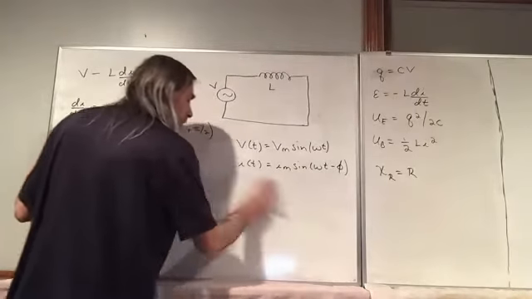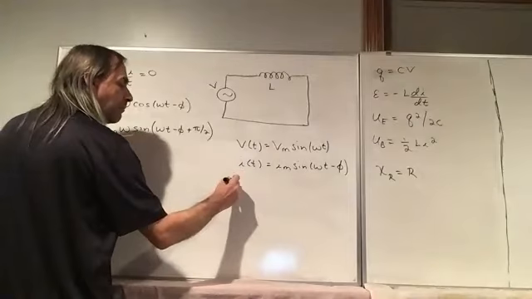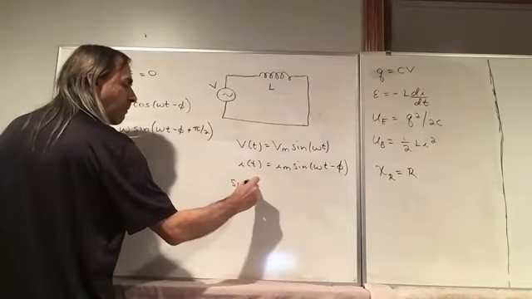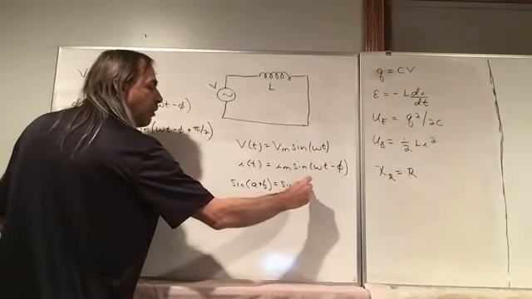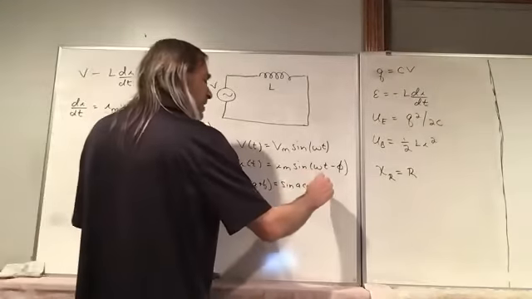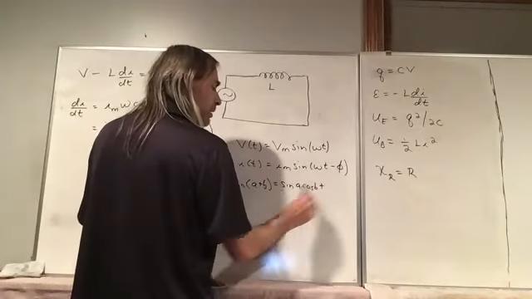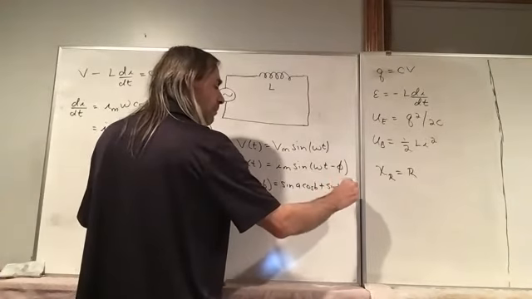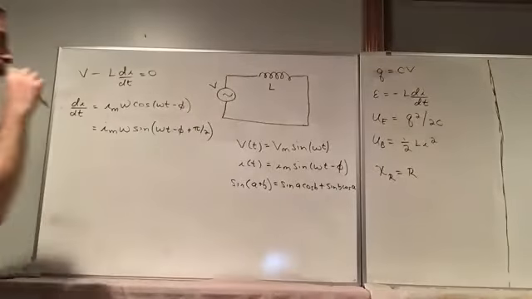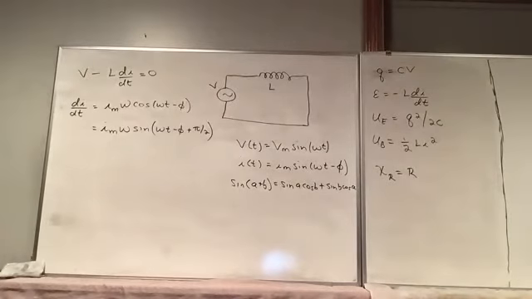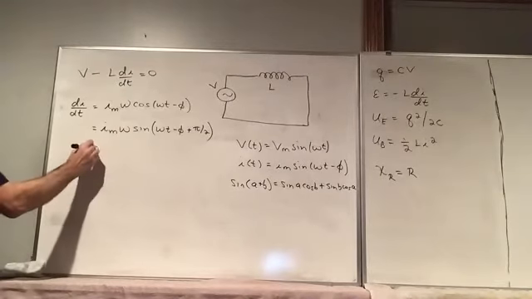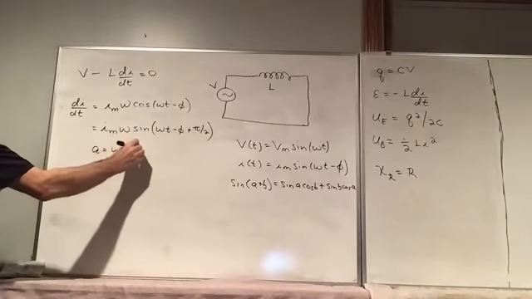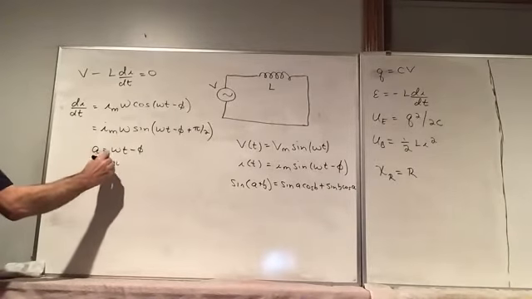Let's write down sine of A plus B. That's sine A cosine of B, I think it's then plus sine B cosine A. Yeah, I think that's right. So now let's check this. Let's say A is omega t minus phi, and B is pi over 2.